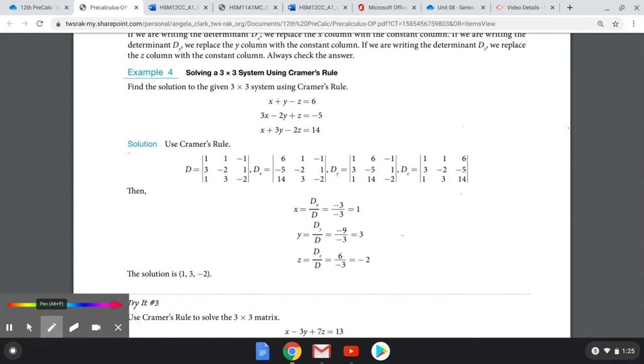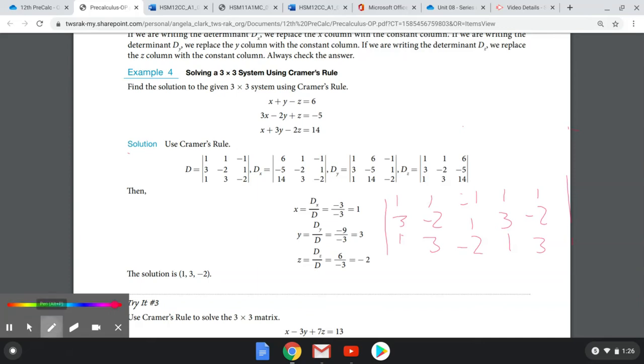So looking at that, I'm going to write out my matrix. I have 1, 3, 1, 1, -2, 3, -1, 1, -2, and then I'm going to rewrite the first column and the second column. And this is the matrix that I'm going to use to find my determinant.